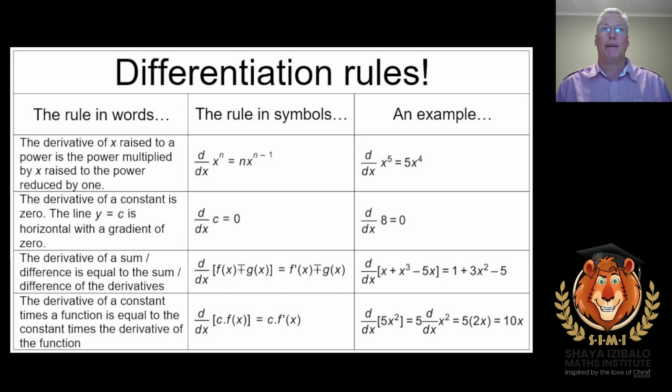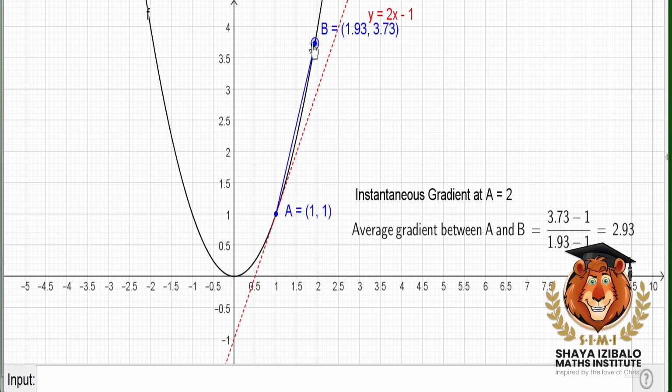And the last one is that if we've got a constant in front of our variable, we can take that outside and multiply it in afterwards. So for example, the derivative of 5x squared is 5 times the derivative of x squared, or 5 times 2x, or 10x. I know that you apply those rules seamlessly anyway, but there they are nonetheless.